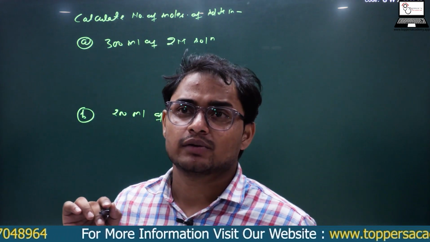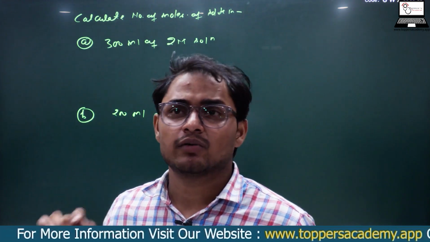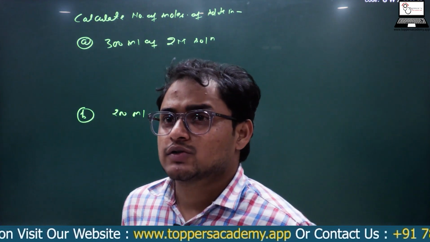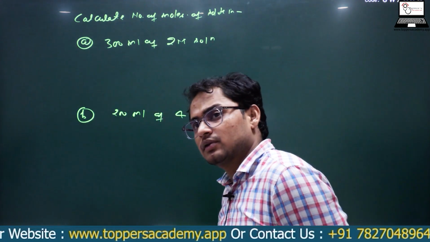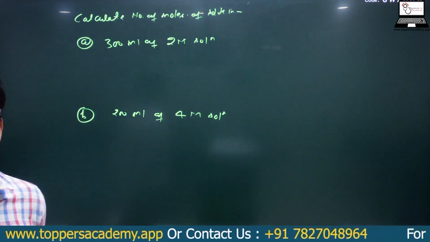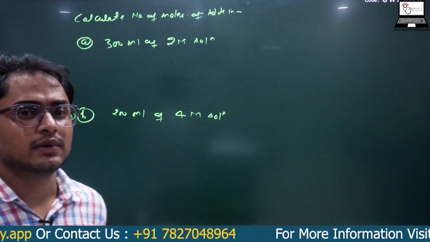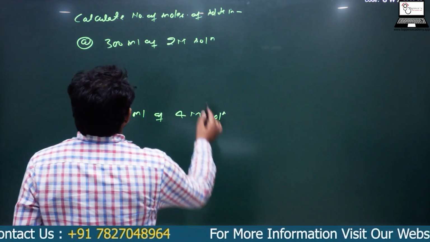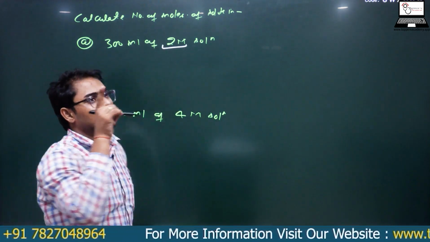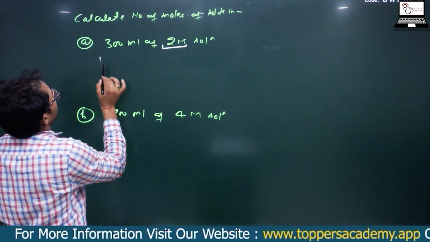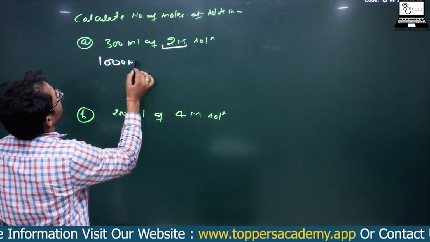This is the information given: in the first case we have taken 300 ml of a solution whose molarity is 2 mole per liter. In the next case we have taken 200 ml of a solution whose molarity is 4 mole per liter. Now, if molarity is 2 mole per liter, that means in 1 liter, or 1000 ml, there are 2 moles of solute.